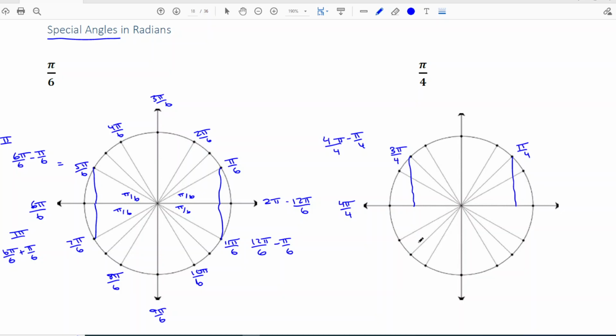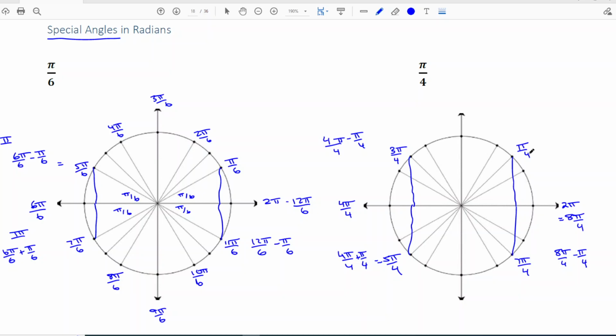In quadrant 3, it would be this angle here, right? And so then you'd be going 4 pi by 4 plus pi by 4, which would give you 5 pi by 4. And then in quadrant 4, you'd be going 2 pi, which is equivalent to 8 pi by 4. So you could do 8 pi by 4 minus pi by 4, and this could be 7 pi by 4.